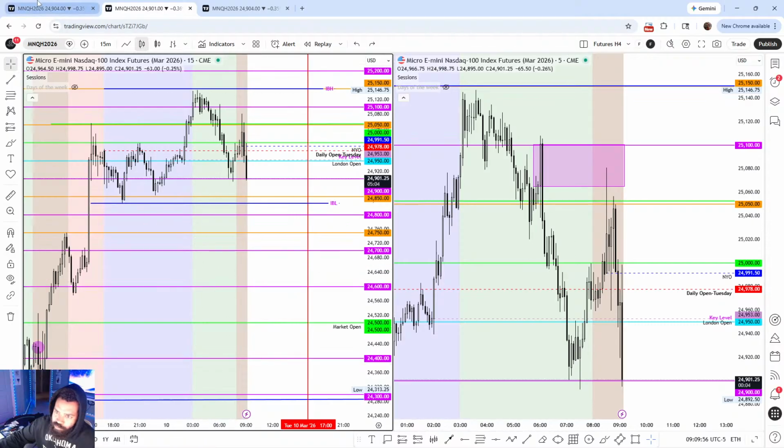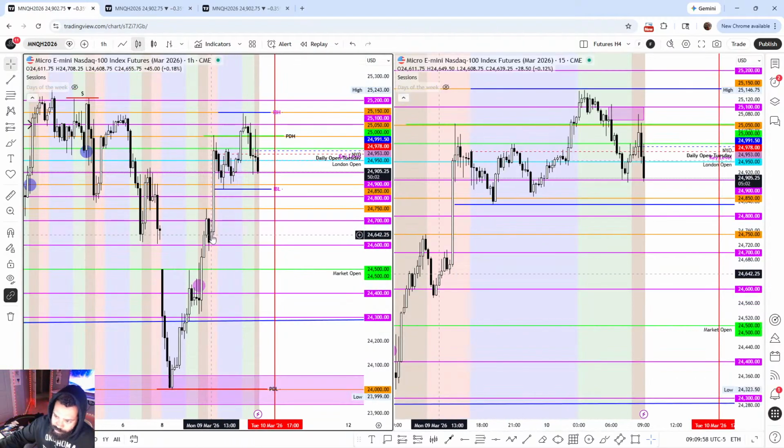If not, then we got to be focused on higher time frame H1 demand. So like 24.7s, 24.620s.